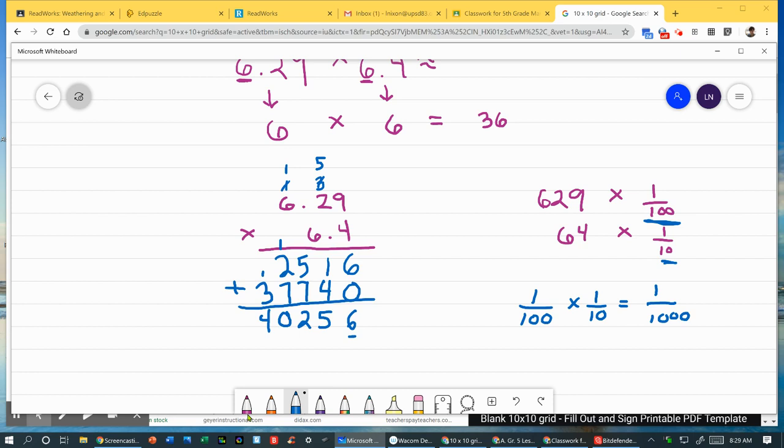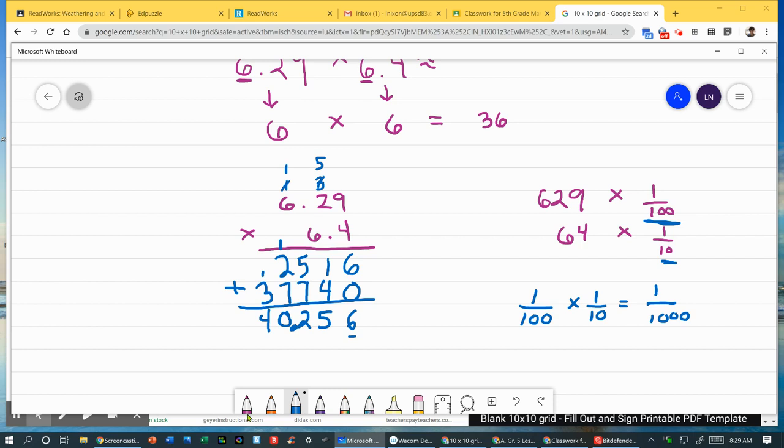Where would that decimal go? If you put the decimal between the 0 and the 2, you are correct. Notice by putting the decimal point there, I have 40 and 256 thousandths as my product.